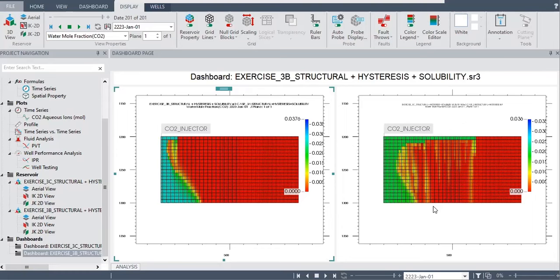The distinct feature of solubility trapping in an infinite aquifer, like what we have on the right side, is that we will have clear convection, where the CO2 saturated brine will go down due to gravity because it is heavier than the normal brine, and the normal brine, because it is lighter than the CO2 saturated brine, will go up due to buoyancy. And in this way, we will have more and more CO2 being trapped. It increases the CO2 storage efficiency.